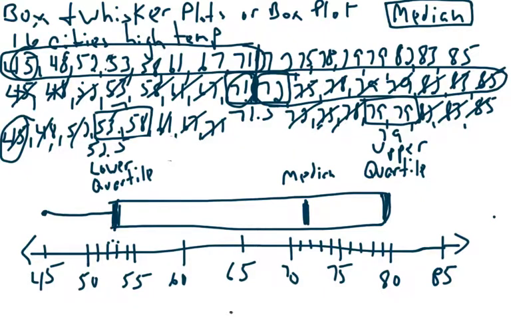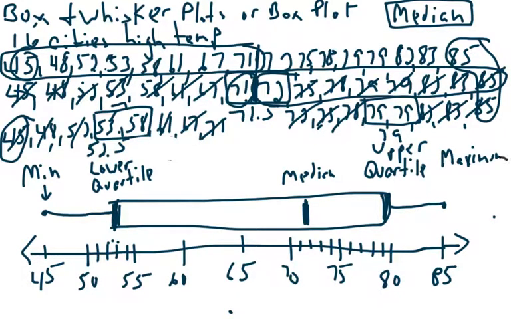This piece of data is the minimum. So we have our minimum, our lower quartile, our median, our upper quartile. You can probably guess what's next, and that's the biggest number, or the maximum. So I go above 85, I put my line, and that is the maximum of the data.